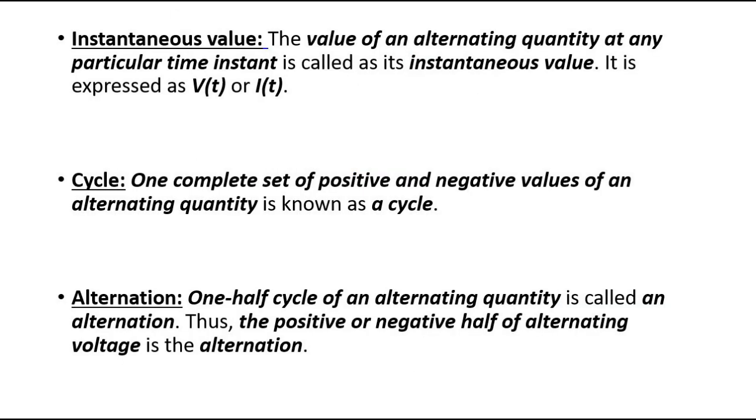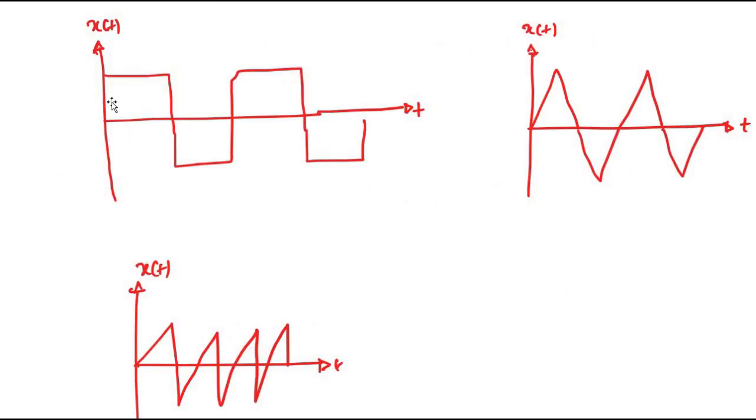So if we consider the square waveform, it is starting from here, let's say, like this, then here, then here, then here, then here, then here, and again goes back to 0.